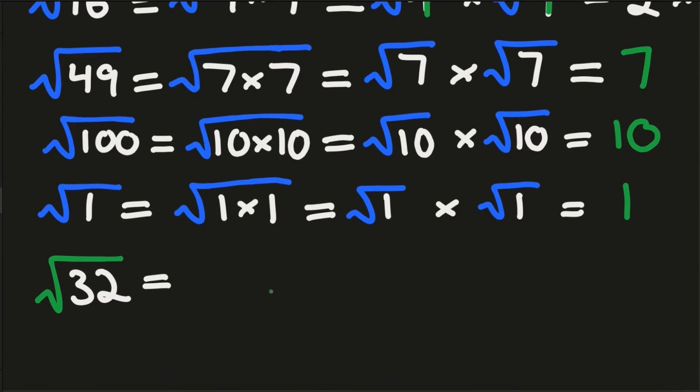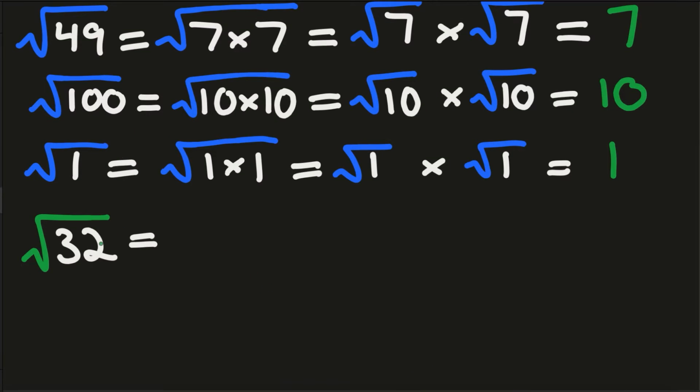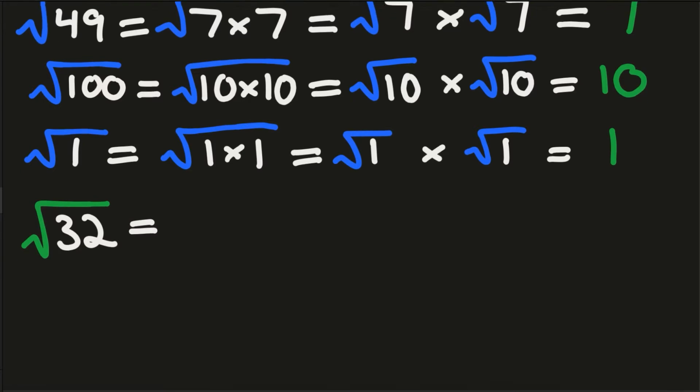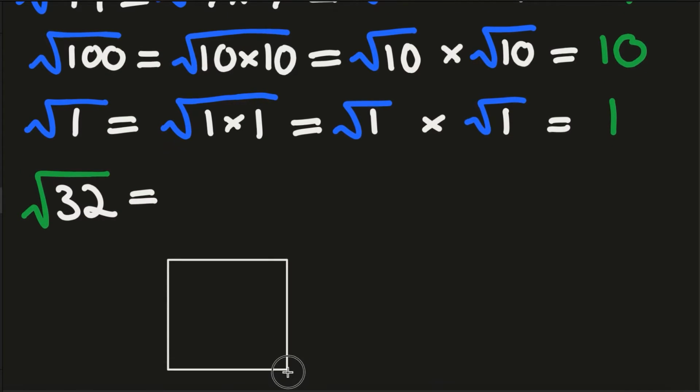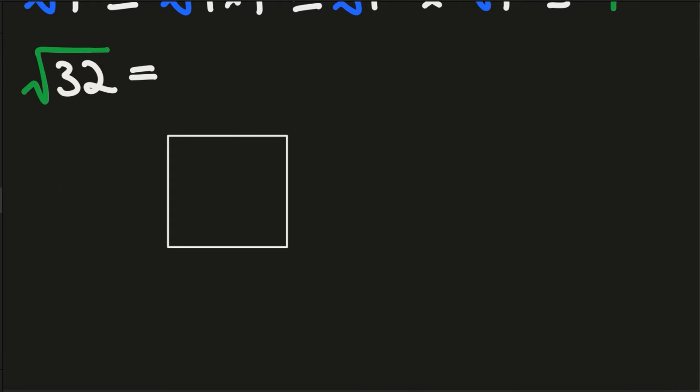Now, why would we want to use this process? We have numbers such as 32 that don't have a perfect square root. This means that when we draw a square and we have an area of 32, there is no exact side length that would give us 32.